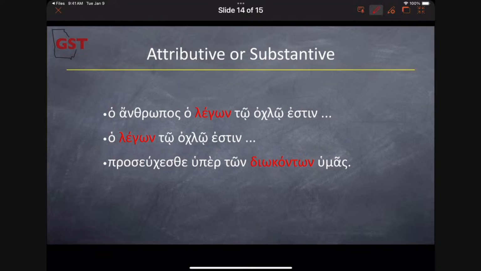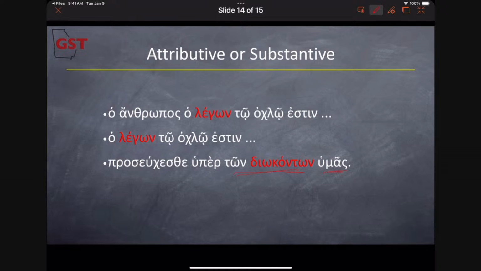That should be didaskonton. That's from teaching. So pray for the one teaching you. The one who's teaching you.